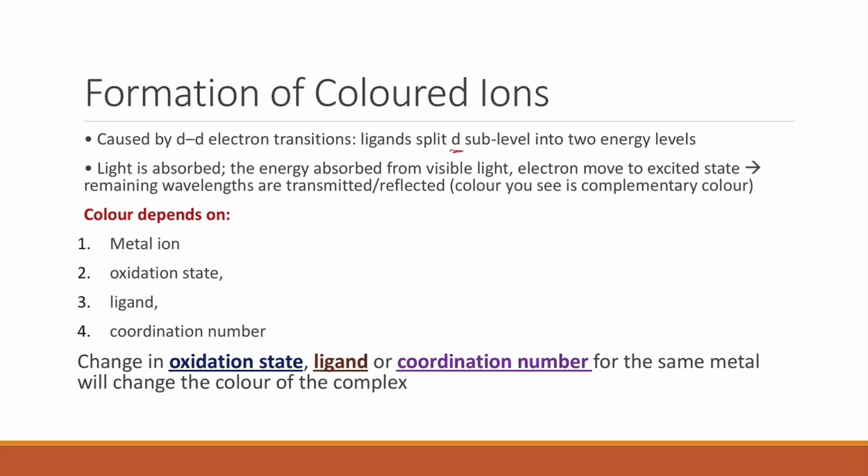So if you use the same ligand, you can change the color of the complex if there is a change in the oxidation state, a change in the ligand used, or a change in the coordination number. And this is one of the typical questions in paper one. They could ask you, how can you change the color of the colored complex?